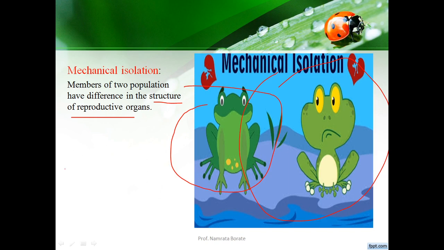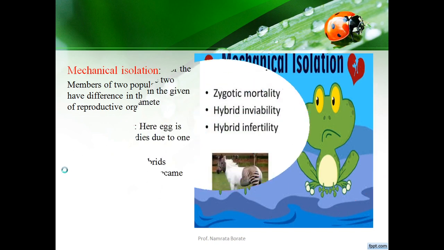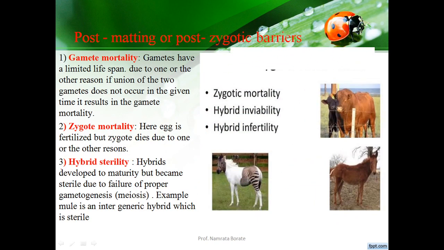The second form of reproductive isolation is postmating, or the post-zygotic barrier. It occurs in three ways. The first one is gamete mortality, the second one is zygote mortality, and the third one is hybrid sterility. The first one is gamete mortality.